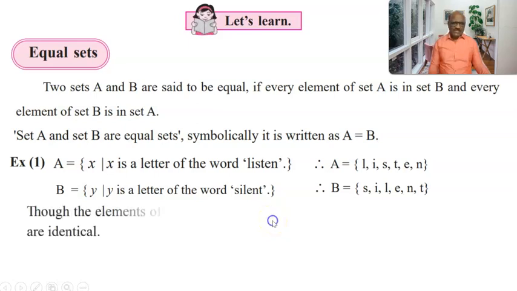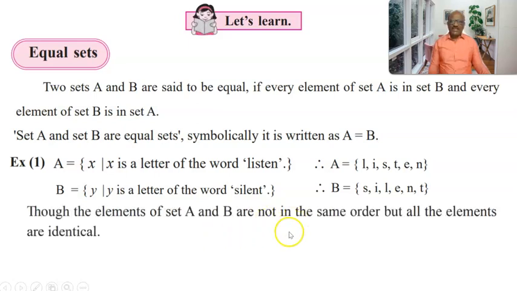Therefore we can say that the sets A and B are equal, though the elements of the set A and B are not in the same order वेगवेगळे, but all the elements are identical, and hence set A is equals to set B.